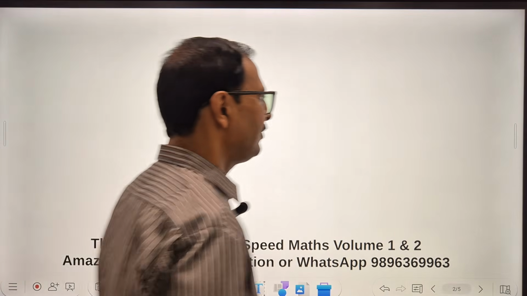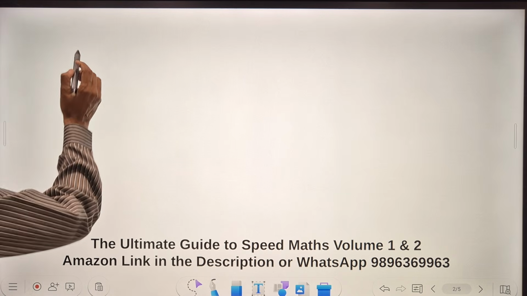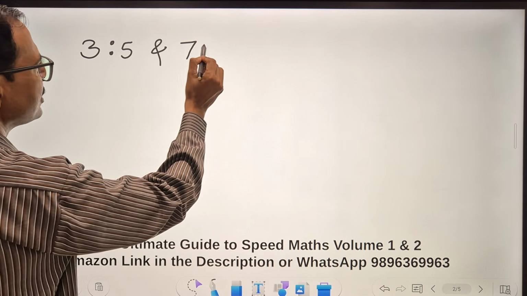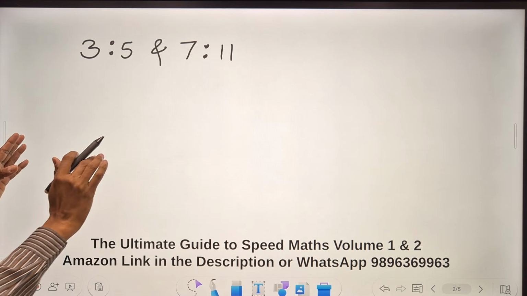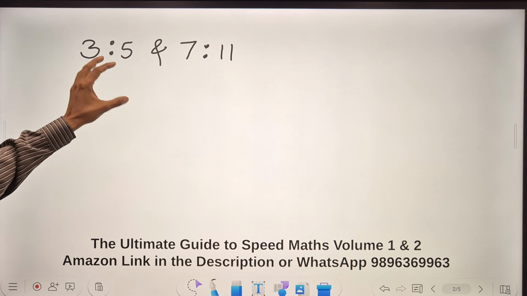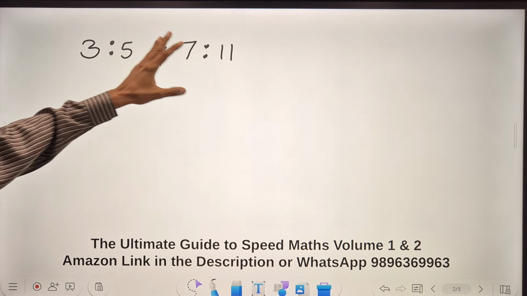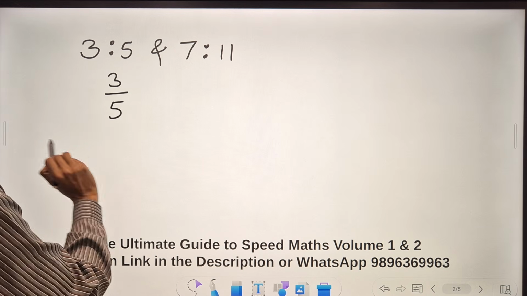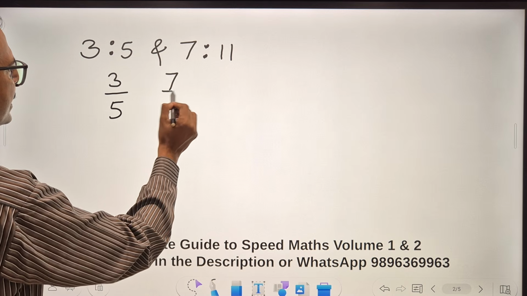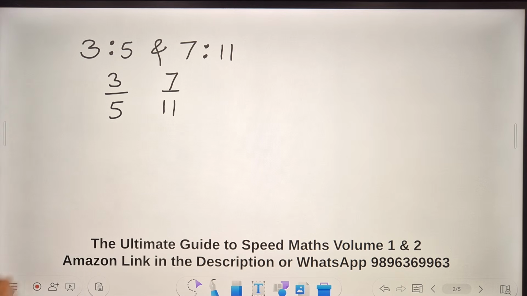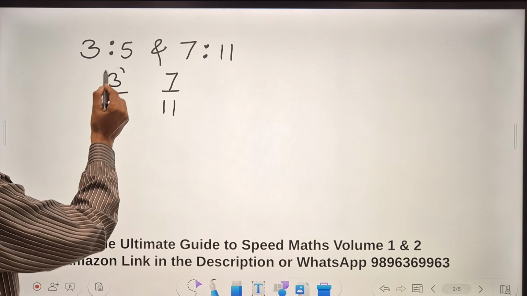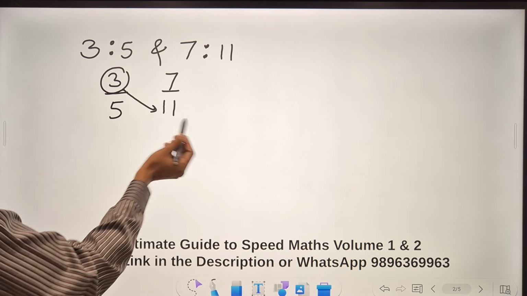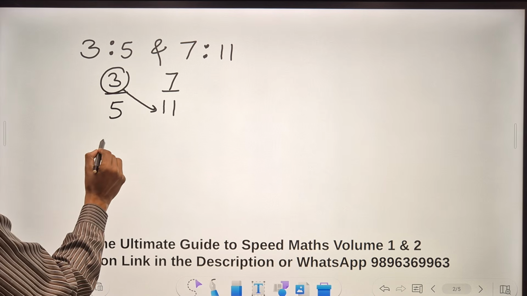Suppose you have a ratio like 3:5 and a ratio like 7:11. Now I want to find which one of them is greater without having to calculate the decimals or take the LCM. So 3:5 is basically 3/5, and 7/11 is the fraction form of the other ratio. Now the numerator 3 gives a product of 33 with the denominator of the other fraction, that is 3 times 11 is 33.